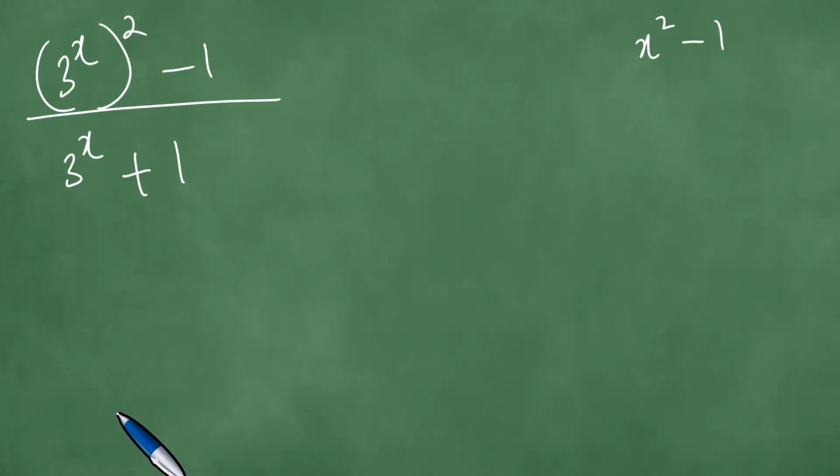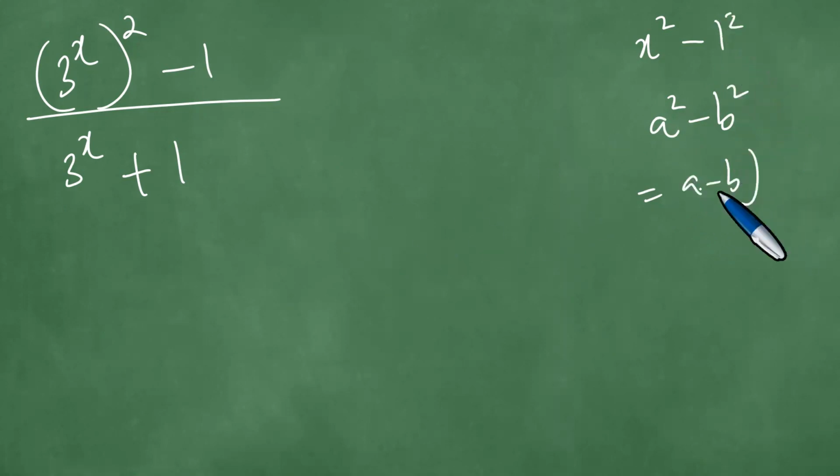Okay, if you have a squared minus b squared, what are the factors of a squared minus b squared? A minus b into a plus b, you agree? So if you have 3 to the power x squared minus 1, what does it become?